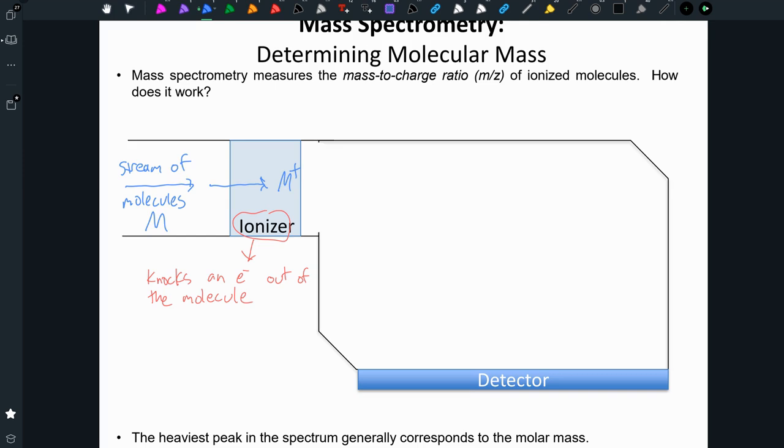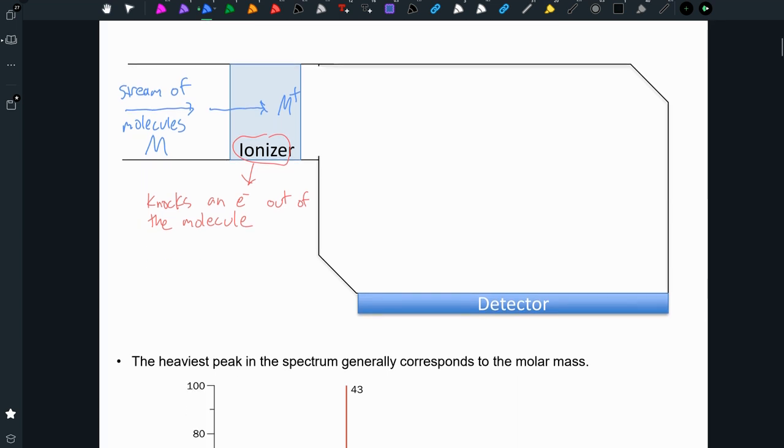Now, the thing is, once you knock an electron out of a molecule, that molecule often becomes unstable, and some of the bonds will start to break. So M plus will start to fragment.